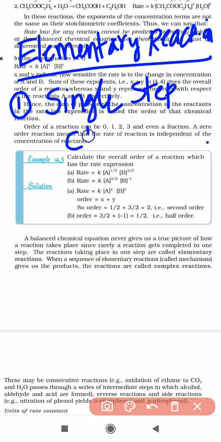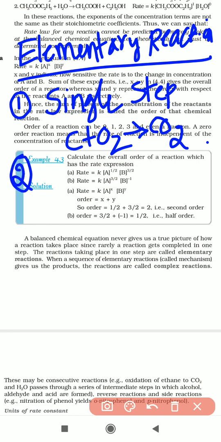For example, C plus O2 gives CO2. The reaction happens in only one step, and there are no further steps involved. Carbon reacts with oxygen to form carbon dioxide. So this is called a single step reaction.